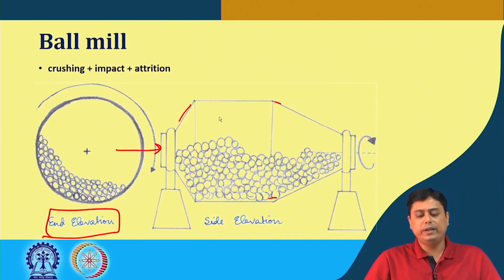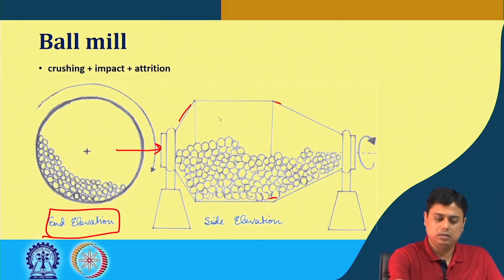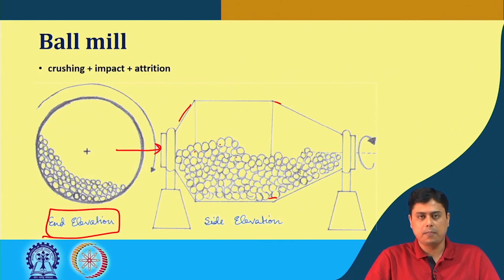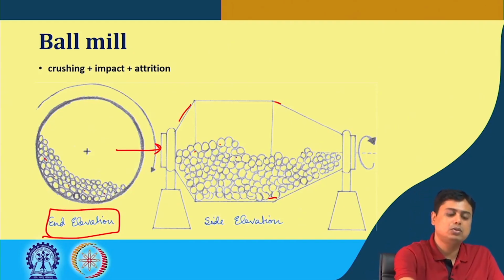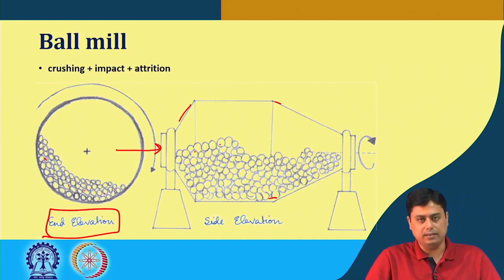It is filled with several balls. These balls can be made of different materials, say steel balls; the material of construction can be of different types. These balls are also of different sizes. Why that is so, we will discuss in detail.